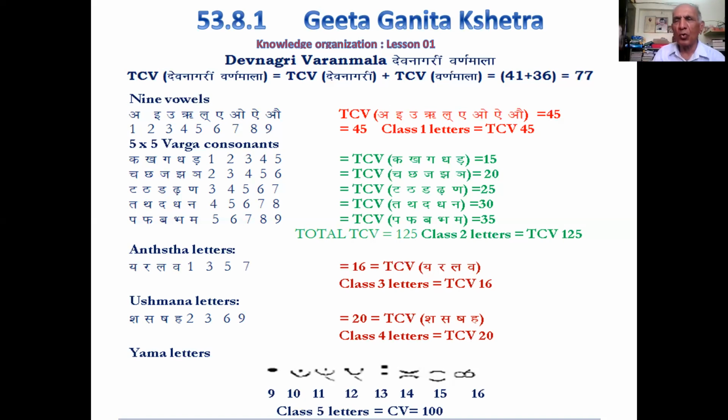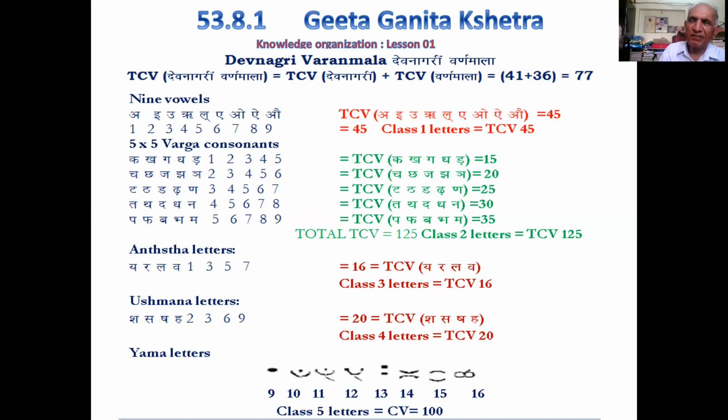The first row and first column are set up of 5 letters each. However, the first letter of the first row and first letter of the first column are common. It is letter Ka.